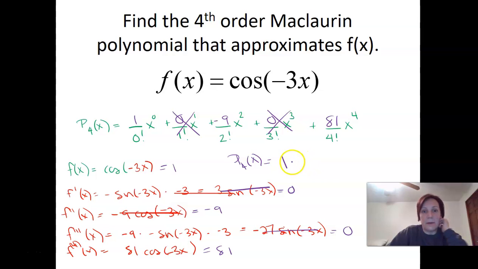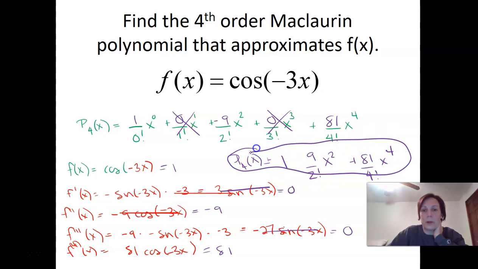Then I have minus 9 over 2 factorial x squared plus 81 over 4 factorial x to the 4th. I realize that 2 factorial is just 2, but I refuse to stop writing factorial because it's just a pattern, and so I don't want to not write it. So there's my fourth order polynomial.